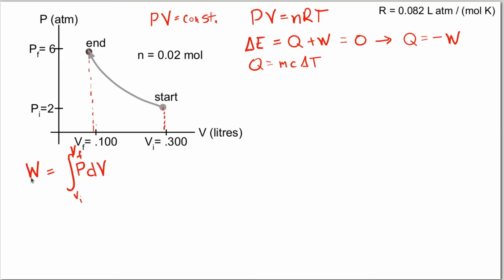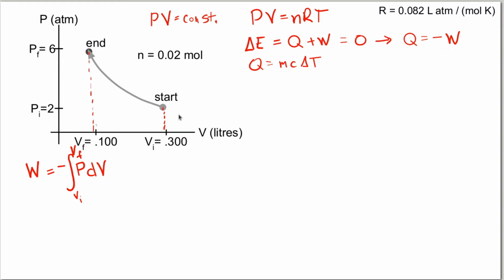And we want to think about point of view here. This gas is being compressed. That means if we released it, we would get work out of it. So if we are decreasing the volume of the gas, that means that we are putting energy into the gas. Since this is a negative change in volume, I know that I also will need another negative sign, is one way to think about this.